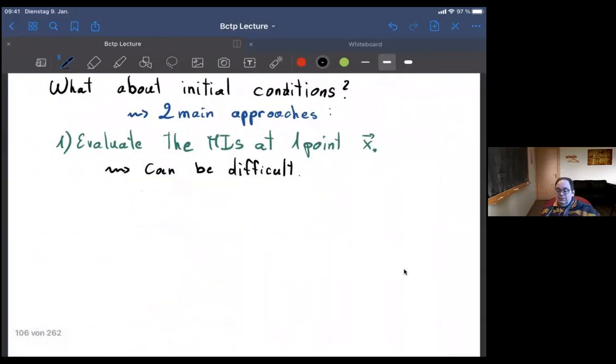Clearly, one approach you can take is to compute all the integrals at some point, x0. If you have that, then that's it. You just have J of x0, and then you parallel transport the solution to any other point you like. This you can do, always. Of course, it means that you have to evaluate the integral at some point, which can be very complicated.